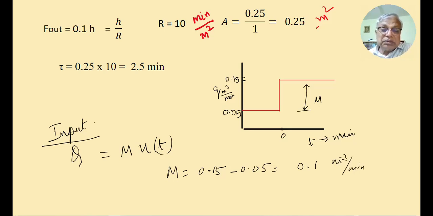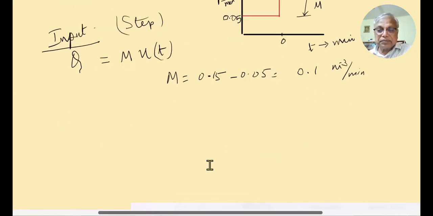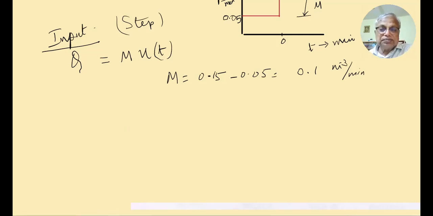Now we are given a step input, and the dynamics is the first order transfer function K by tau s plus 1. So what will be the response?